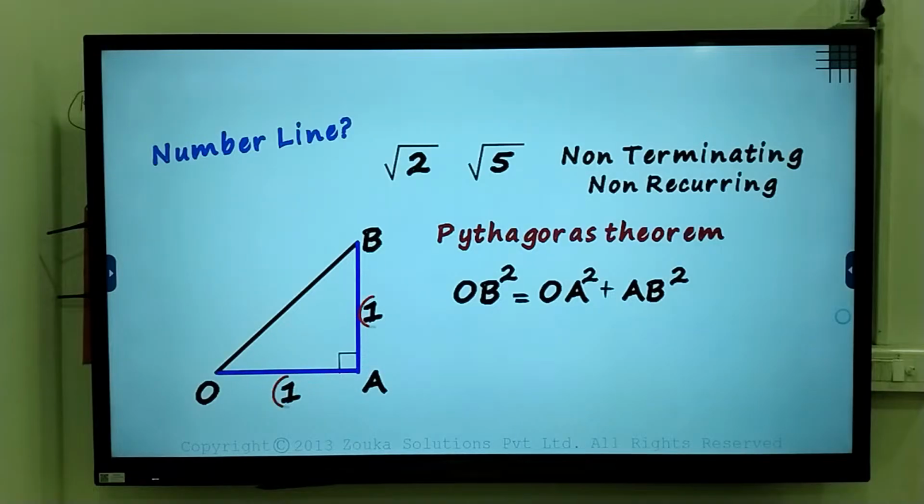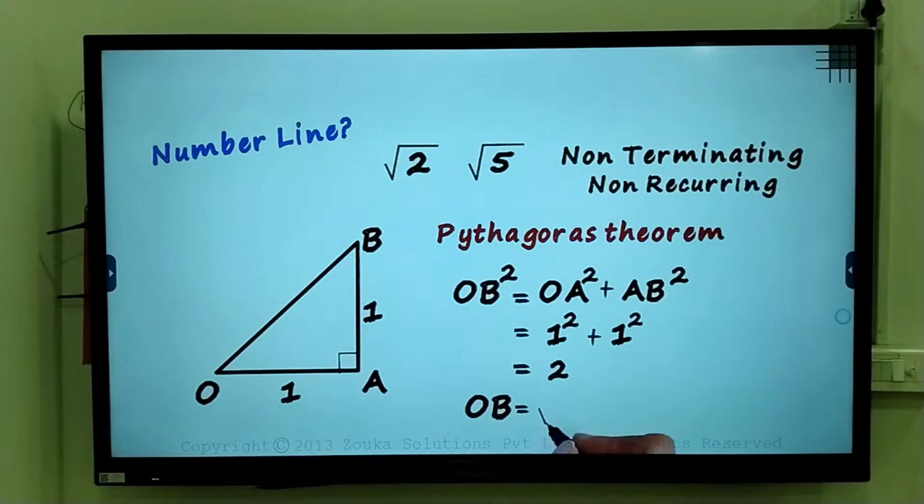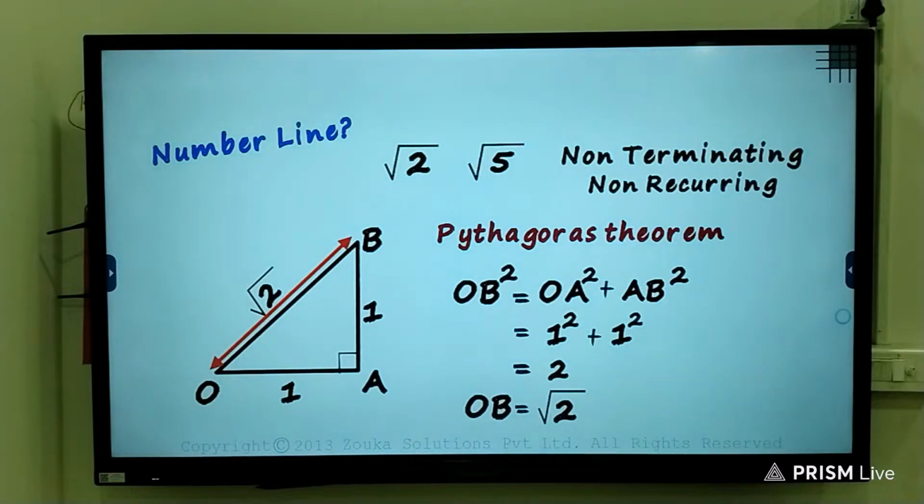These two lengths equal 1, so we get the right hand side as 1 squared plus 1 squared, which equals 2. So OB will equal root 2. The hypotenuse will equal root 2. That's all you need to know to understand the plotting of irrational numbers on a number line. That's it. We found the length of an irrational number. The only thing we need to do now is plot this length on a number line. We will see that in the coming videos.